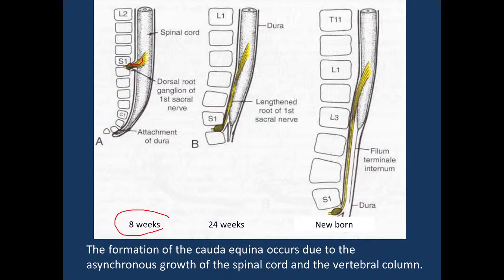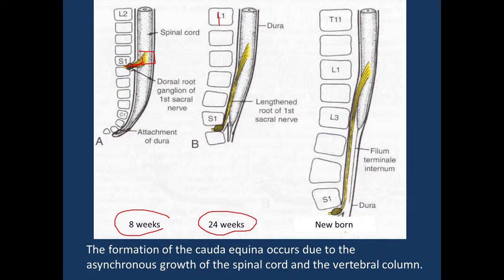And this is the first sacral segment, and roots come into the first intervertebral foramen in between the lumbar vertebrae. When the fetus grows, the speed of spinal cord growth is less than the speed of development of the vertebral column.